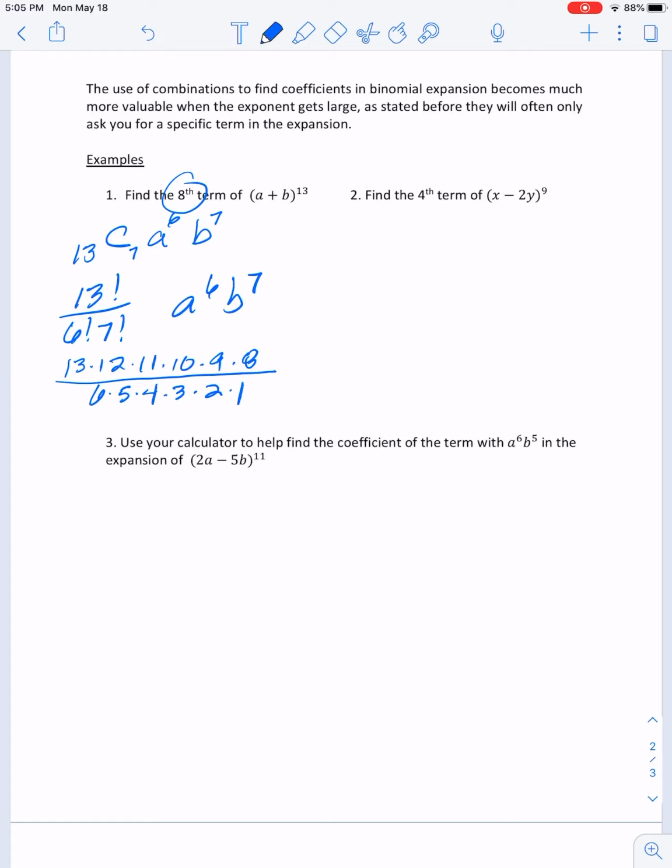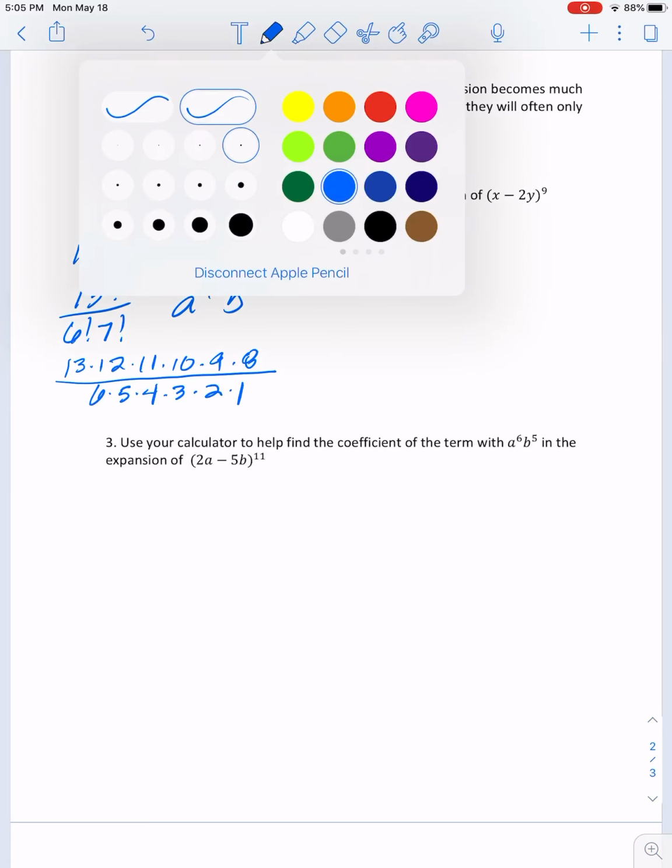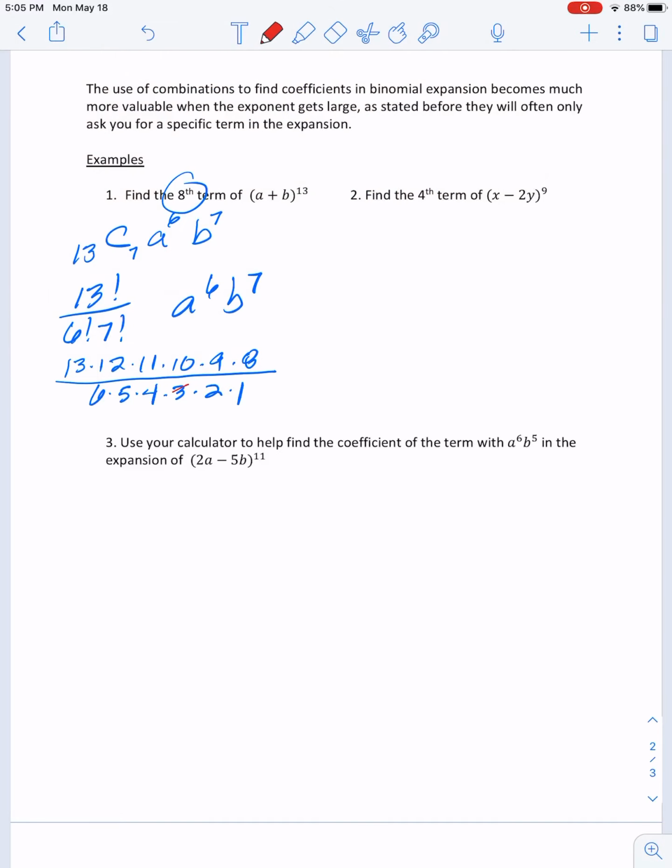Again, a lot of canceling here. You probably want to do as much as you can. Okay, for example, you could do 4 times 3 is 12. Maybe that's the best thing to do here. I'll do that in a different color so you can see it. 4 times 3 is 12, so that cancels out. You could say that 2 times 5 is 10, although sometimes you want to leave the 10 up there.